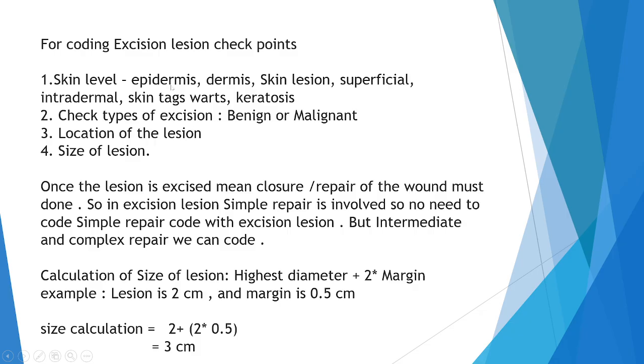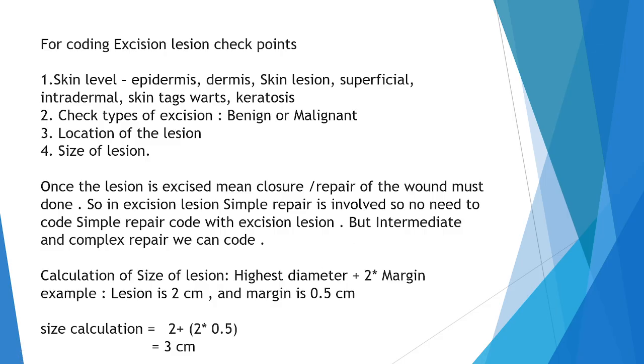So the checkpoints are the skin level, that is epidermis, dermis, superficial, and the second one, type of excision, benign or malignant. Then location of the lesion and size of the lesion. Once the lesion is excised, repair and closure of the wound must be done.